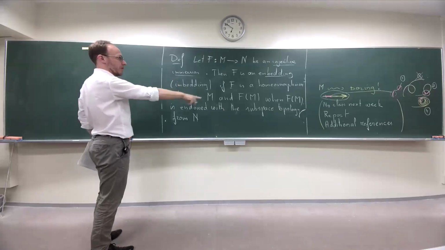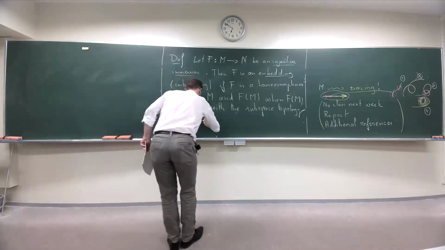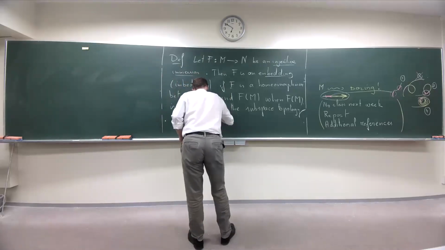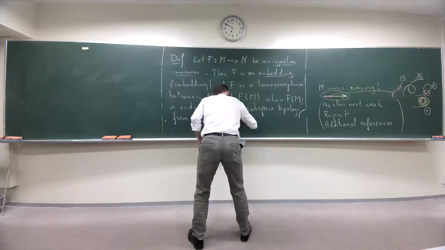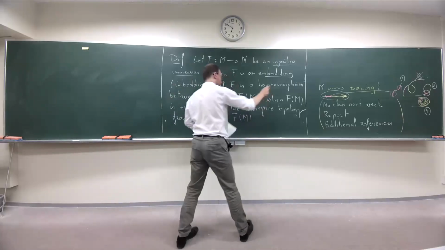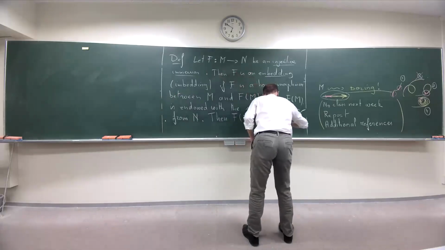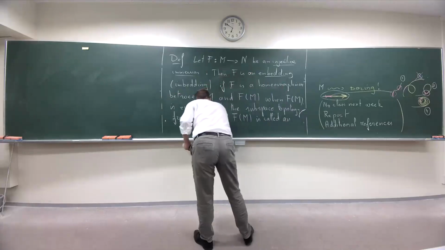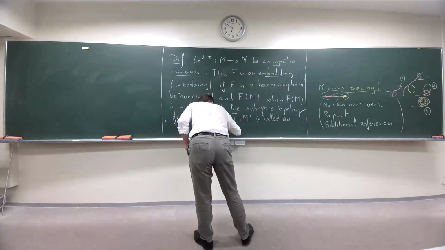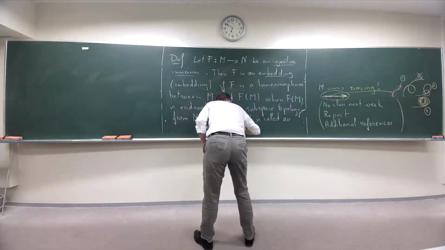Just finish the definition. In this case, if we are in this situation, we then call F of M an embedded submanifold.